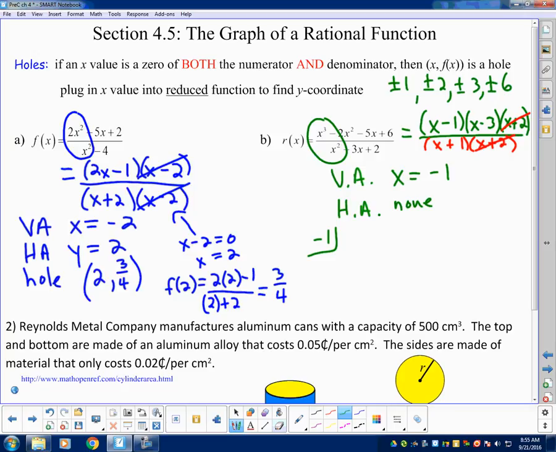So negative 1 into, what is this thing I'll multiply out? Let's see. This is x squared minus 4x plus 3. So it's 1, negative 4, 3. And down the 1. And so my oblique asymptote is what?